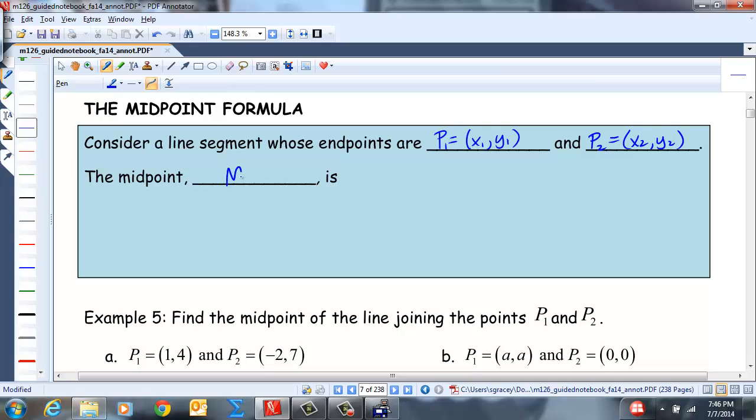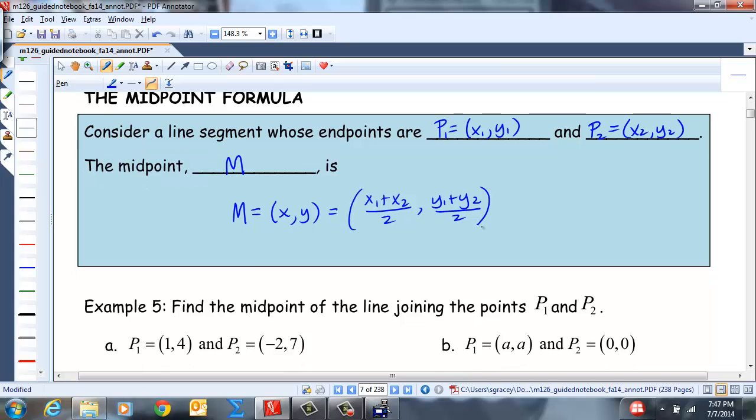The midpoint, denoted by capital M, is going to end up being an ordered pair: the average of the x values is the x coordinate, and the average of the y values is the y coordinate. That's how I remember this one.